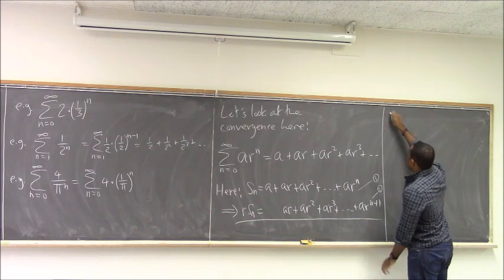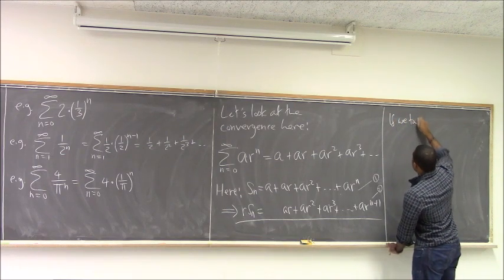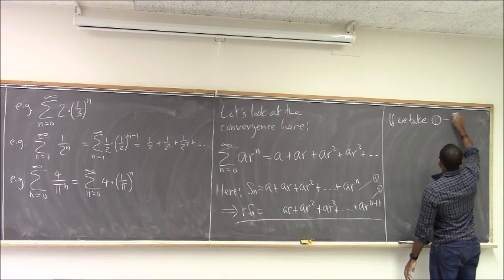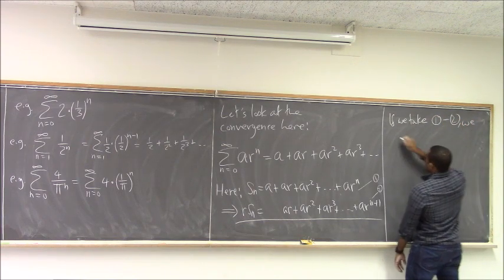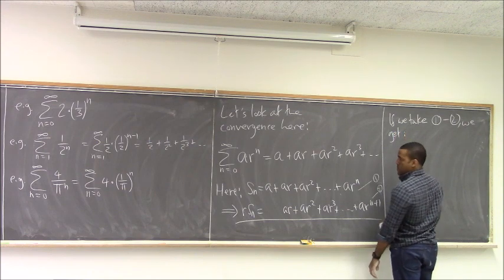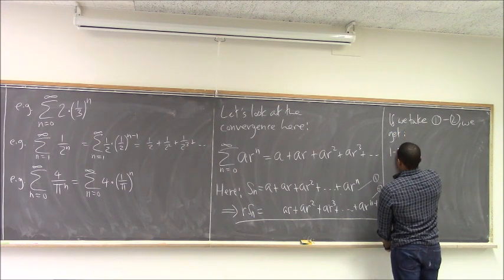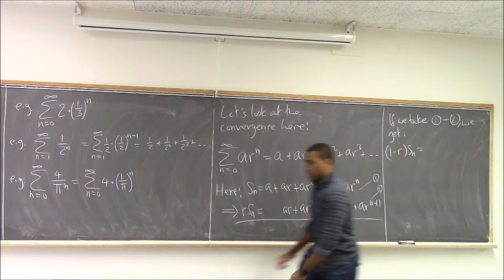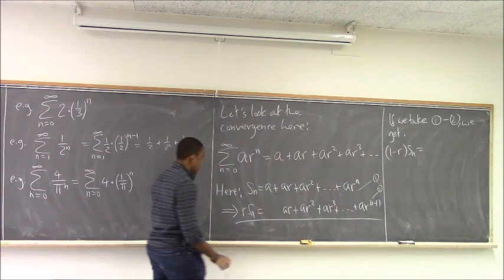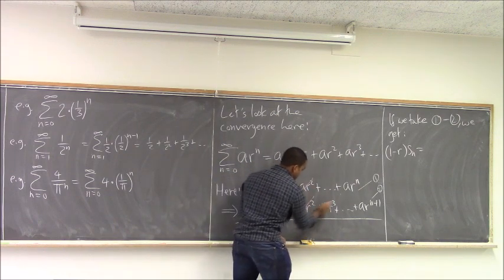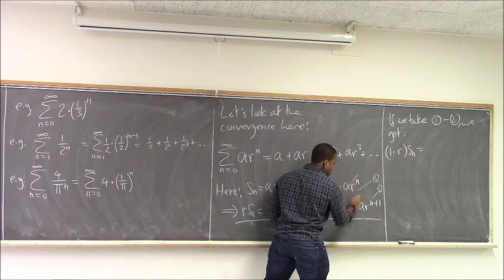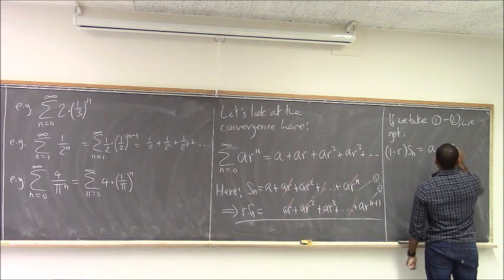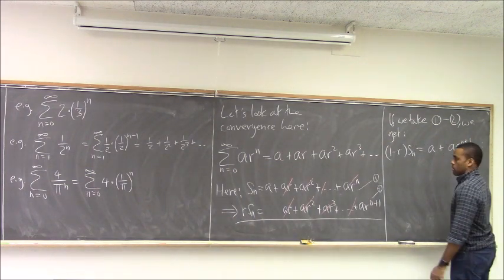If I take 1 minus 2, we get 1 minus r times Sn equals, well, this guy kills that guy, this guy kills that guy, everyone dies except these two, a minus ar to the n plus 1.